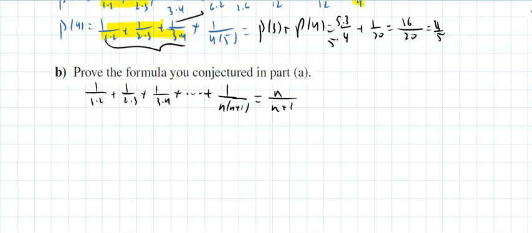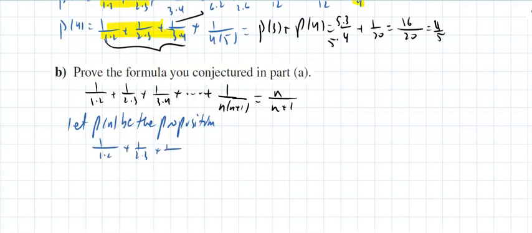When we want to start this and make it an official proof, according to the theorem, we're going to have to choose: let P of n be the proposition 1 over 1 times 2 plus 1 over 2 times 3 plus 1 over 3 times 4 plus 1 over n times n plus 1 equals n over n plus 1.